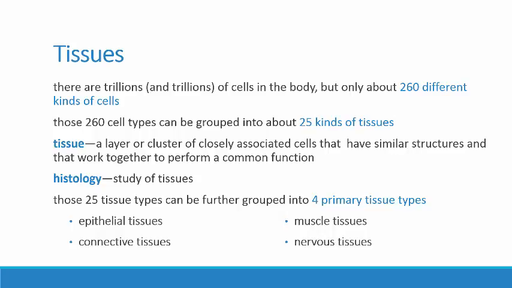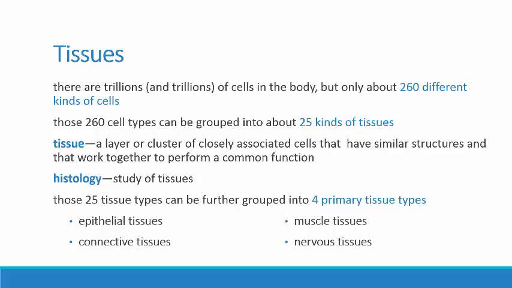They're attached to each other, and they have within them similar structures, and they work together to perform a common function. So these are cells that are like each other and that do a lot of the same work. And if you study tissues, then you're a histologist doing histology, which is the studying of tissues.